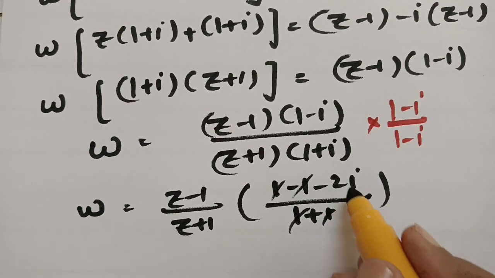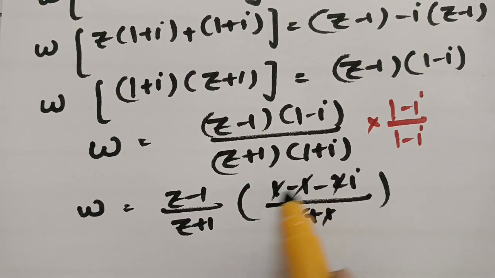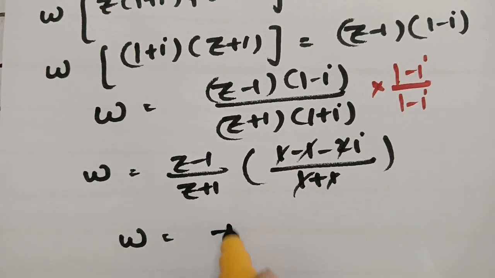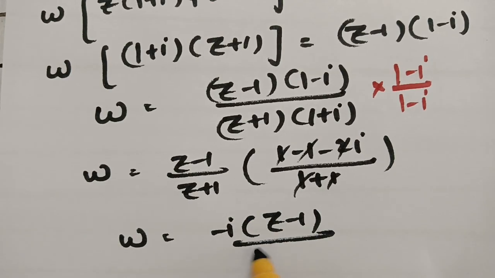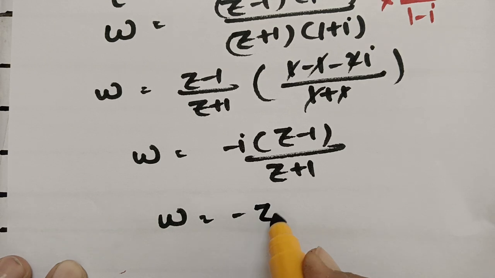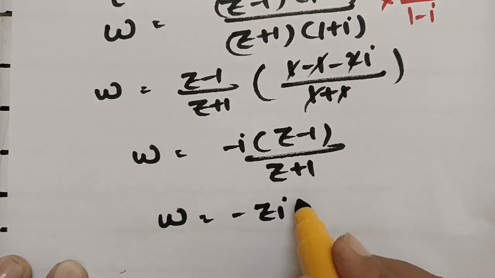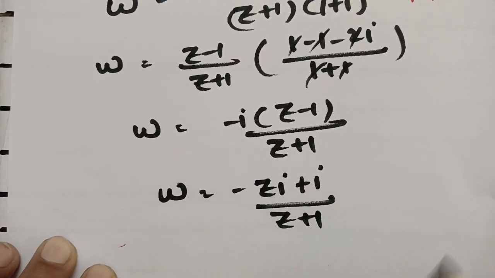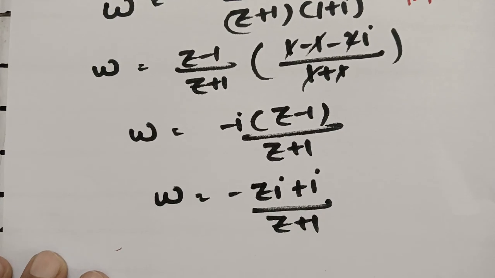So if I cancel all these, this is minus 1 and plus 2, and this is 2 by 2, so minus i. So here if I multiply with minus, see here, this will be minus zi. If I multiply, this value is plus i by z plus 1. So this is going to become our final answer.